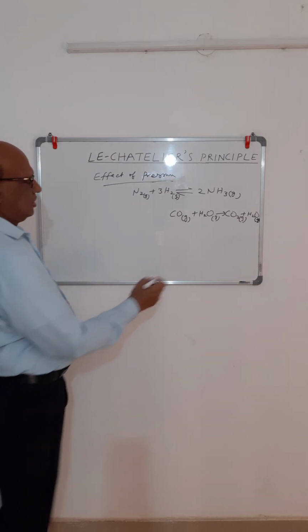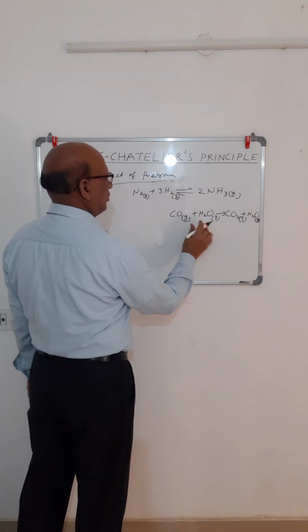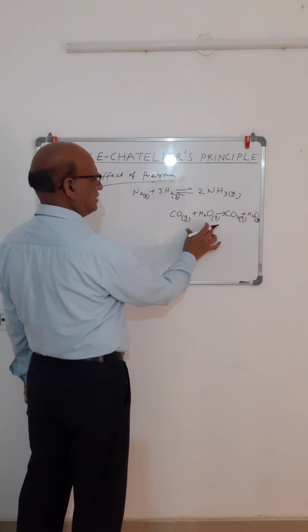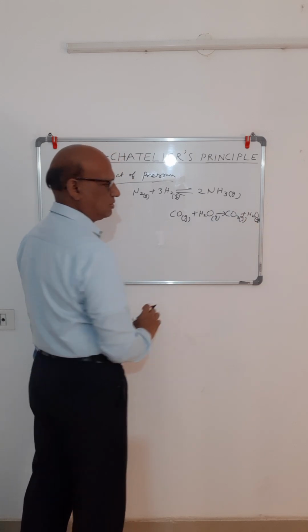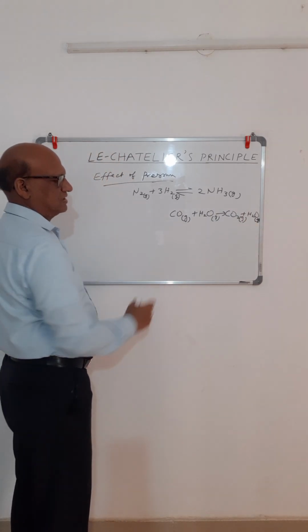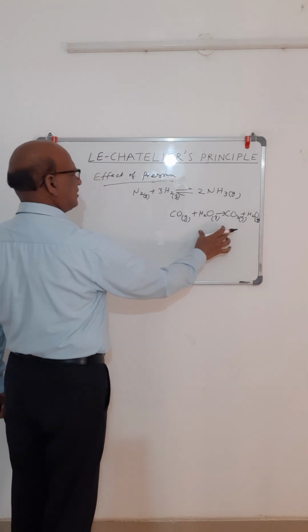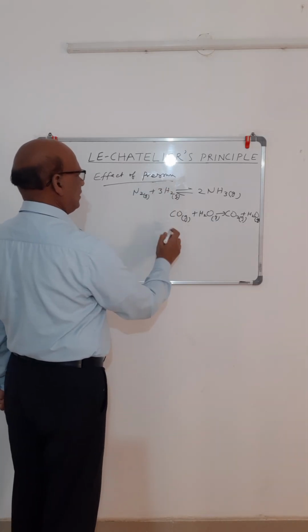Now we see that 2 moles are on the reactant side, and 2 moles are on the product side. So there is no change in the number of moles. So this reaction will be unaffected by the pressure.